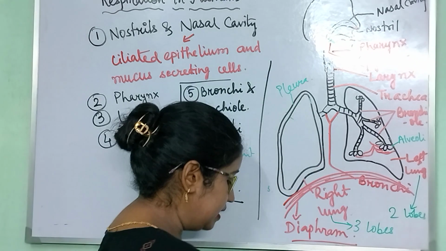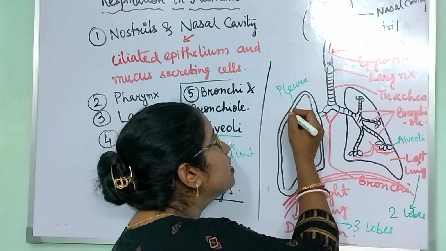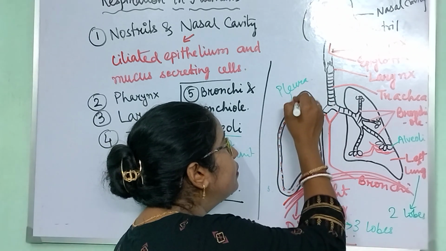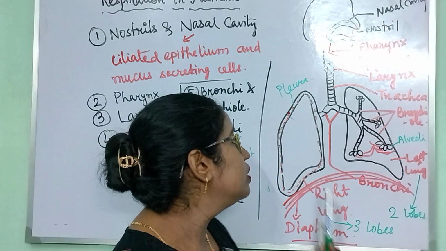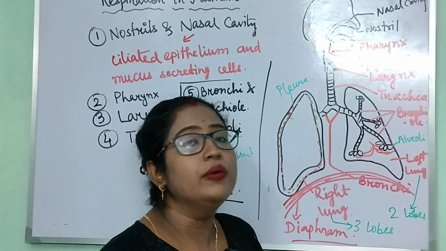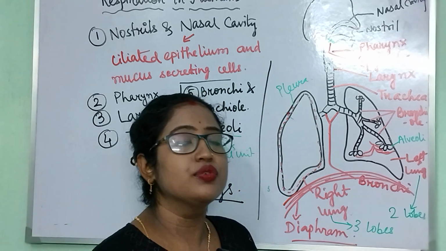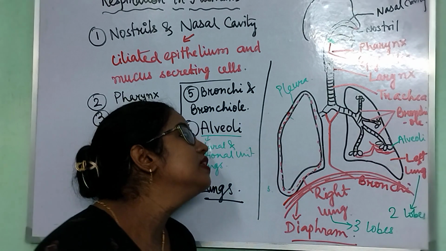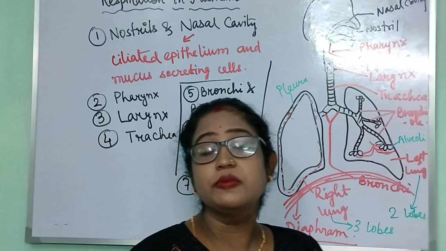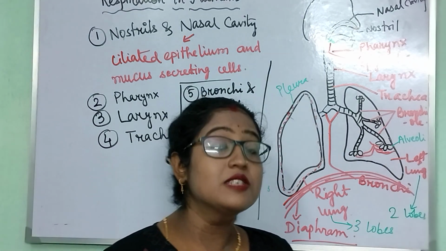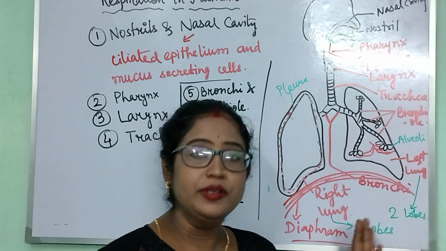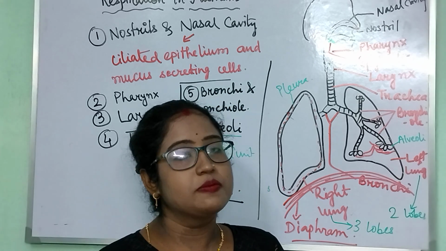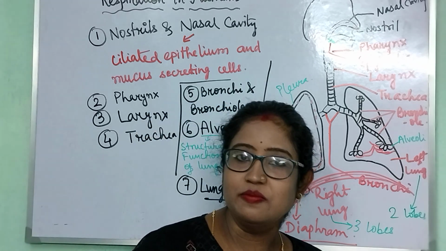Between them there is a fluid-filled space, known as the interpleural fluid, present between the two pleural membranes of our lungs. And this whole respiratory system is also known as the pulmonary system. Not only in humans, in other animals also, the respiratory system is known as the pulmonary system.